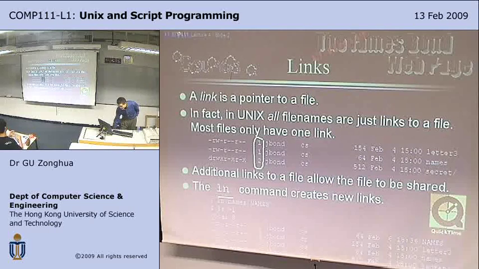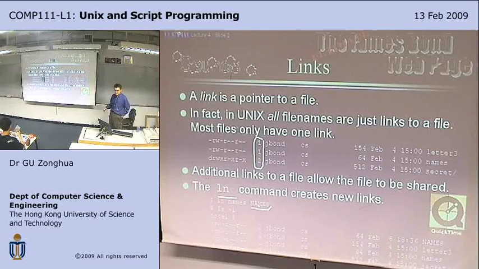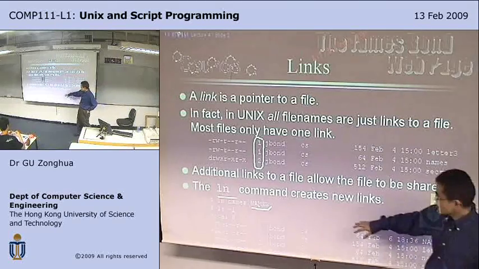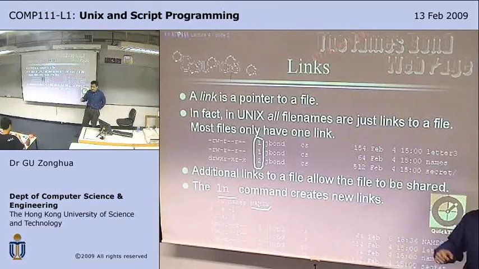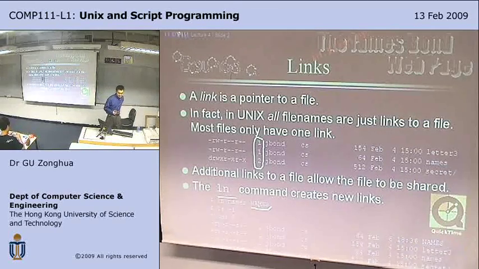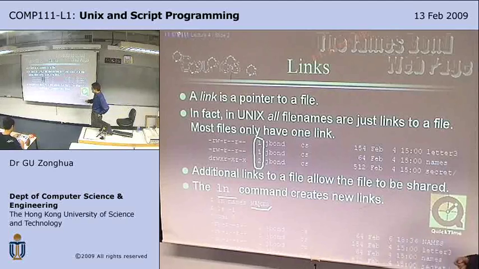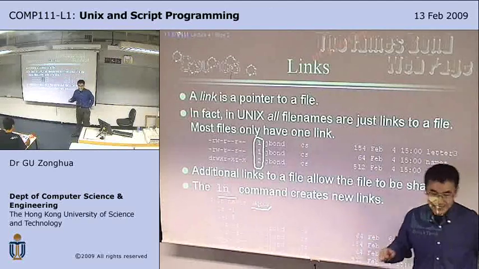So ln creates new links. For example, if you say ln names Names, it means I created a link called capital-N Names that refers to the same file as the lowercase names, assuming the lowercase names is the existing file.